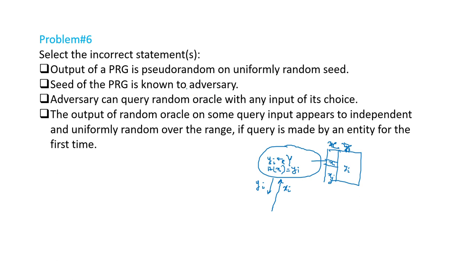Yes, this is true, because only if the seed is chosen uniformly at random from the seed space is the output of a PRG pseudo-random. This is false because the seed is secret. Adversary can query the random oracle with any input of its choice. This is also true. No restriction is there on the random oracle query.